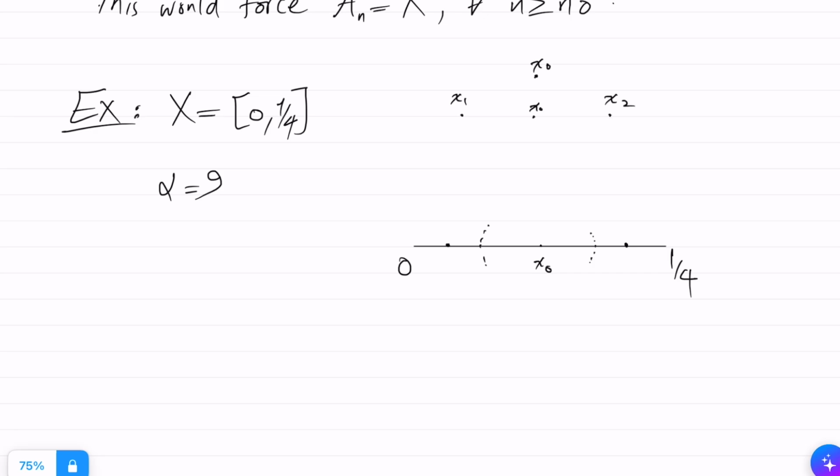And these 3 points hopefully are 1/9 separated, and the union of radius 1/9 of each together covers the whole space. And then when you go to the next level, which is 9 to the power 2, 81, definitely you will need to add way many more points just to be separated and also maximal.